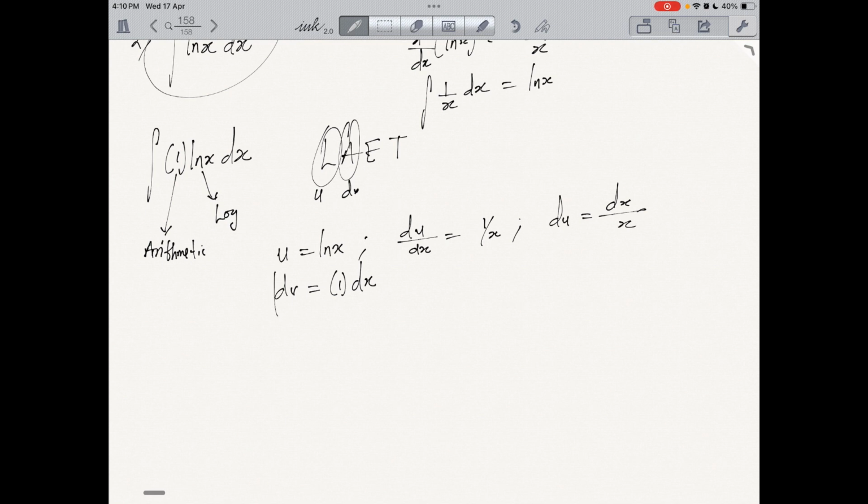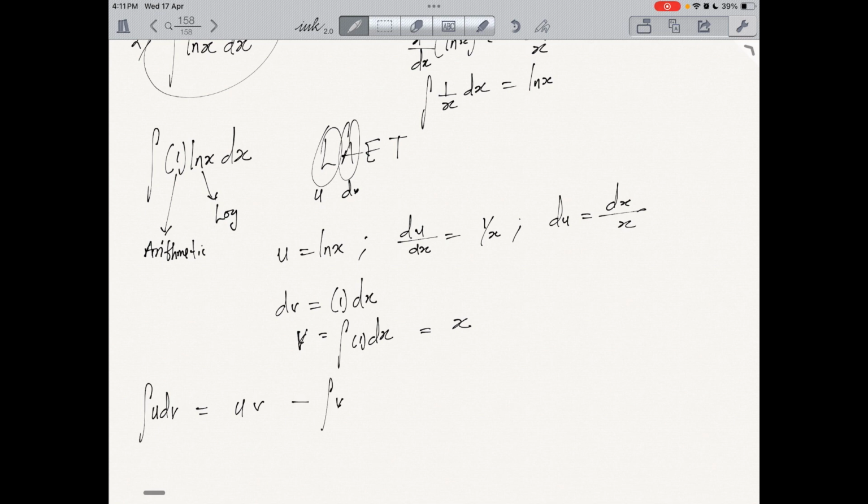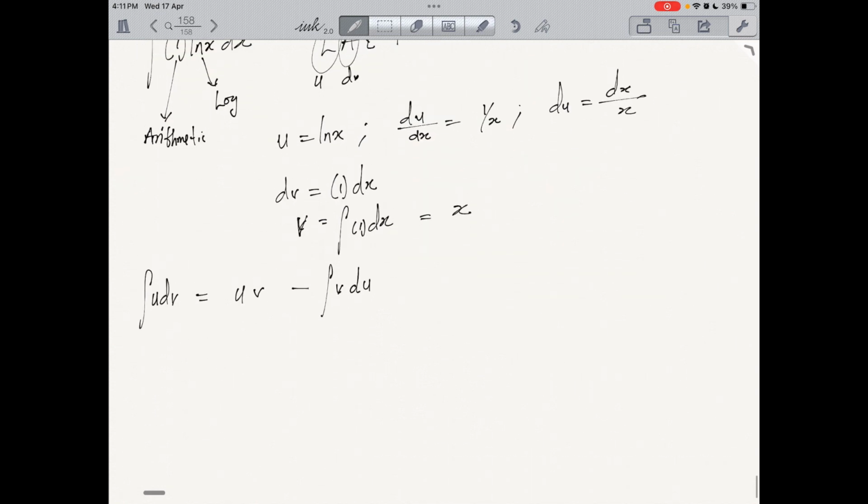And if dv is equal to 1 dx, then our v is the integral of 1 dx, and integrating a constant, this will give us x. So let us apply our integration by parts formula that says the integral of u dv is equal to uv minus the integral of v du.